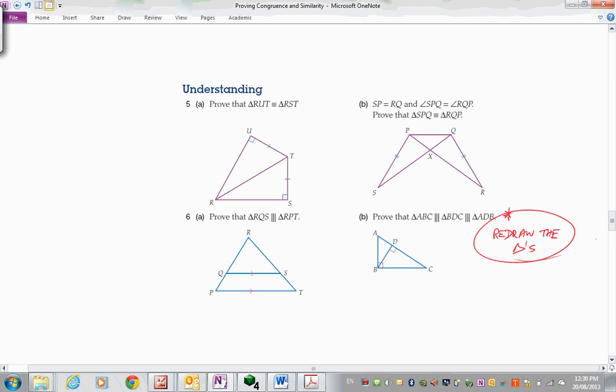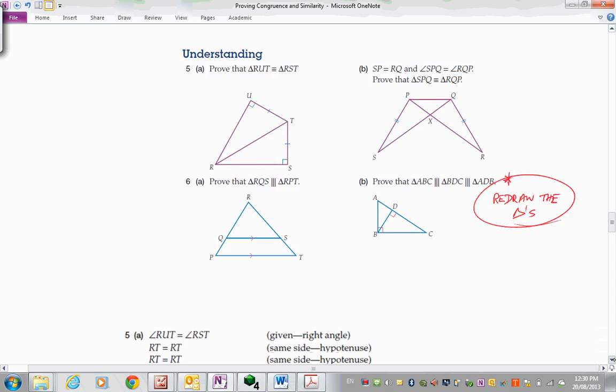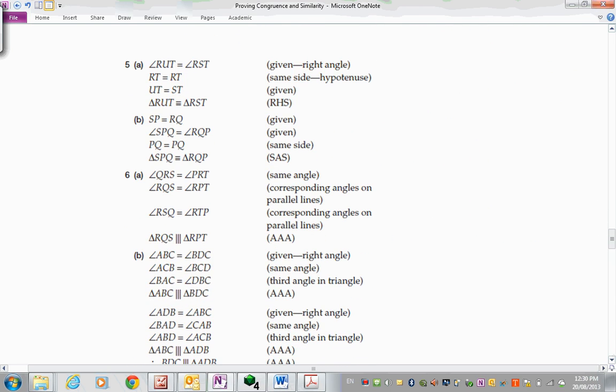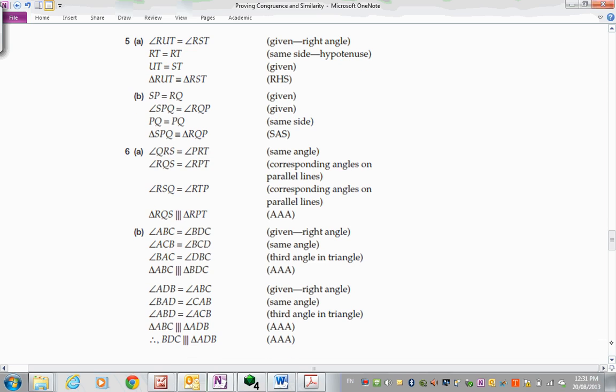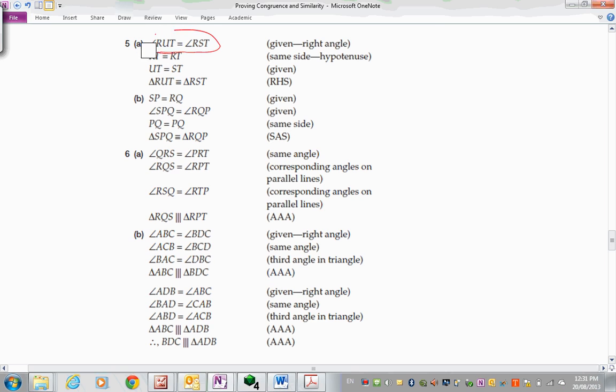Okay, do you want to see the answers? Let's go down to the answers now. In 5 and 6, you may need to put complete working there. And I don't like starting like this. You're starting with the statement. Oh no, the angle, that's all right, sorry. I thought they were putting the triangles are equal there.